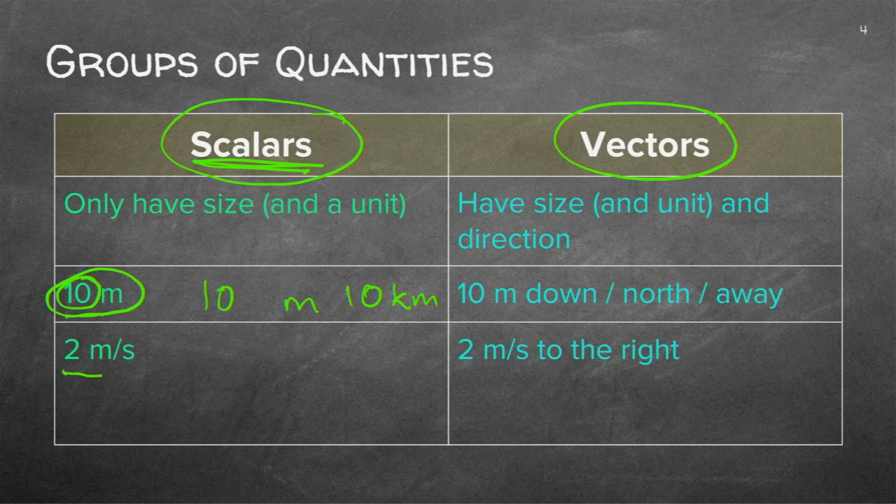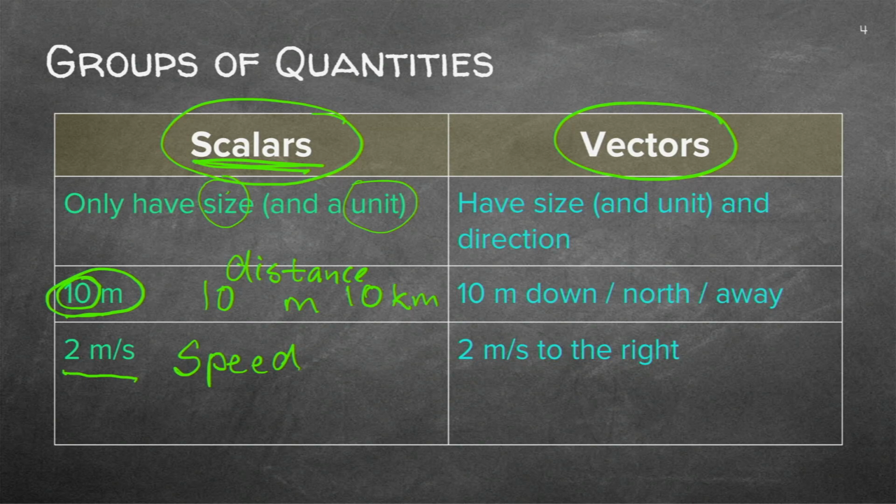If I say to you 2 meter per second, not indicating any direction, it will be the speed. Speed will thus be a scalar, and distance will be a scalar. So those are two of the scalar quantities, and again, it's got size and it's got a unit.